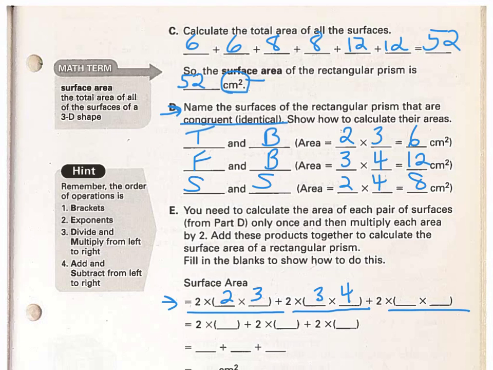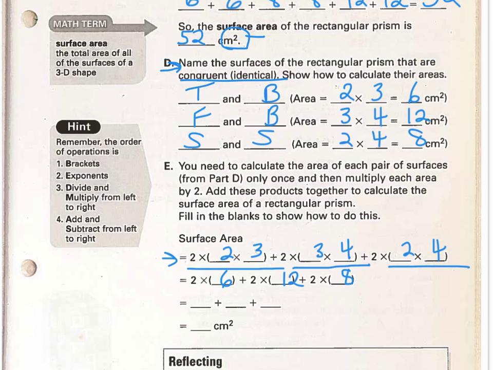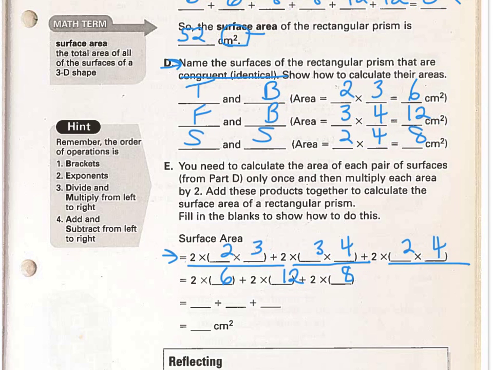For the sides, it was 2 times 4. 2 times 6 plus 2 times 12 plus 2 times 8. Now I can calculate the surface area. 2 times 6 is 12. 2 times 12 is 24. And 2 times 8 is 16 for a total of 52 centimeters squared.